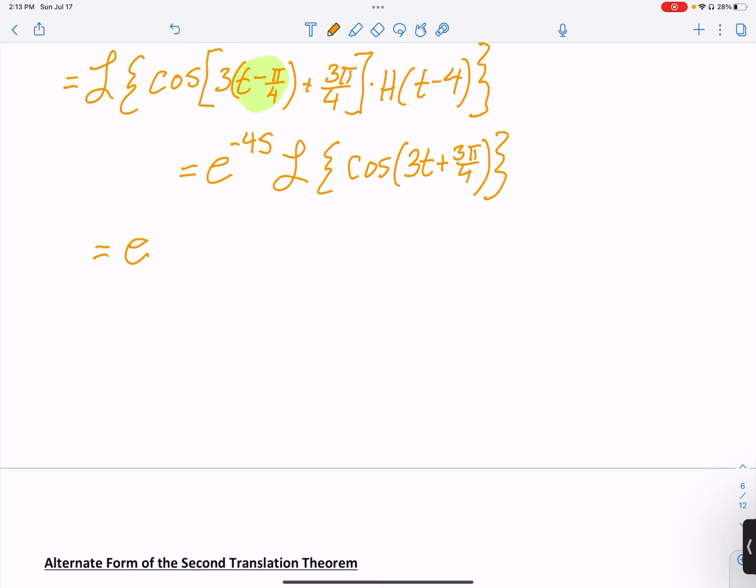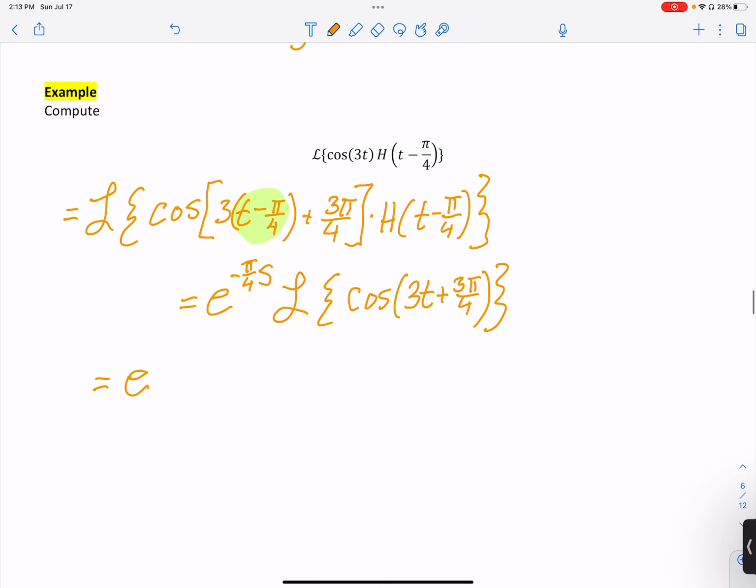I know everybody's favorite. Oh, that shouldn't be a 4. That should be a pi over 4. Right, oh, that's because I wrote this wrong. That's where I got that. There we go. Okay, so we are there, and we got e to the negative pi over 4s, and then we need the Laplace of that, but we don't have any rules for that, so I'm going to use a trig identity.